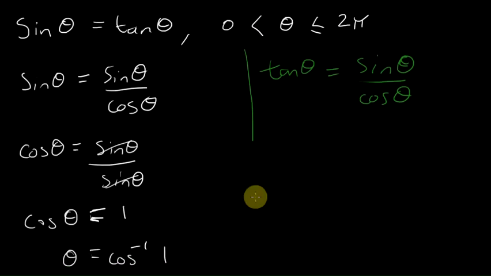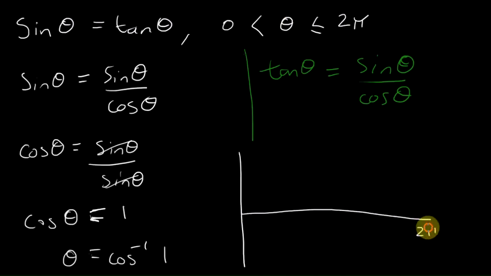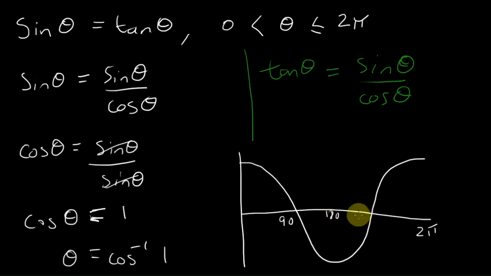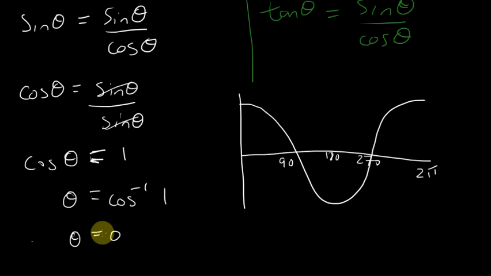So let's just draw this. We want theta between 0 and 360, but we're in radians, so it's 2 pi. What are we working in? We're working in the cos, so that'll be 90, 180, 270, and we want all the values where theta equals 0.